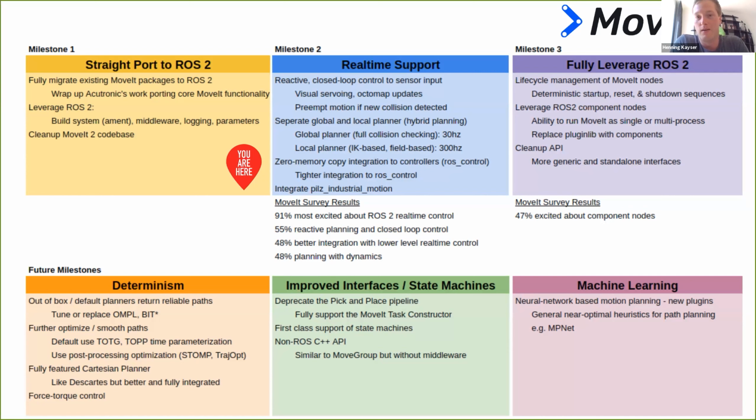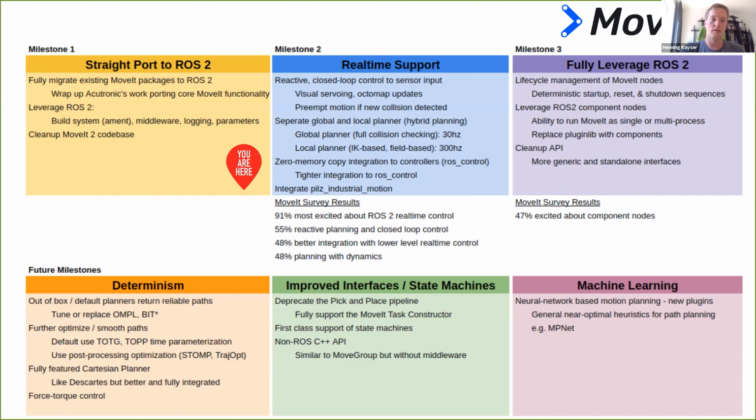That is, structuring the MoveIt code base so that we communicate, for instance, with component nodes instead of direct APIs, and managing the life cycle of the MoveIt nodes. So maybe allowing dynamically starting and stopping planning scenes and parts of robots, maybe even making the robot model dynamic, exchanging grippers. All of that plays into this step as well.